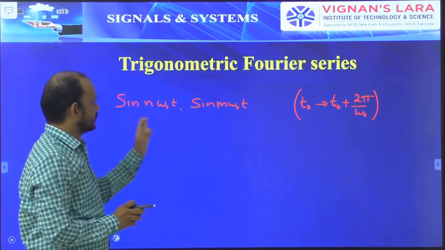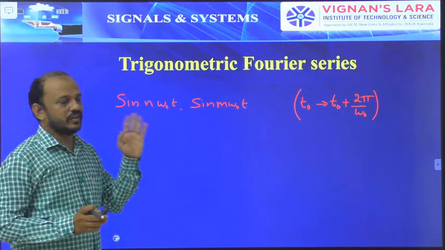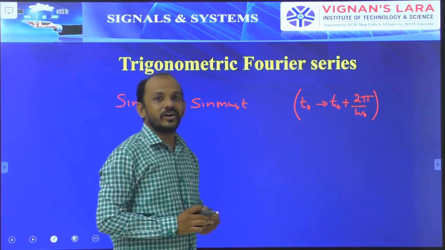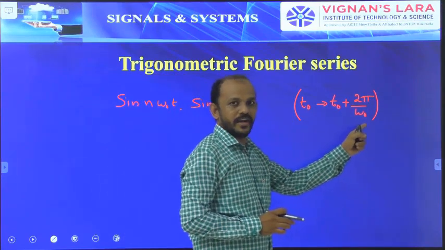That is, these two signals are orthogonal to each other over the interval t0 to t0 plus 2 pi by omega naught.